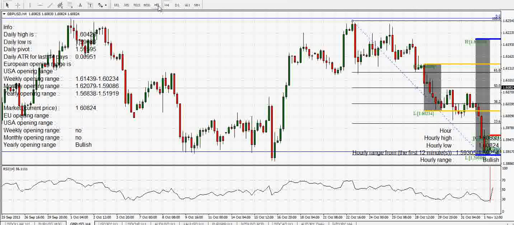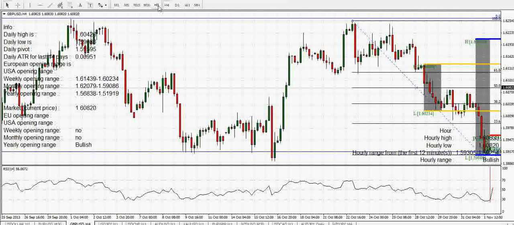Of course, I use the Monday open. For example, I do the same thing for Monday: I look for the lowest low and highest high on Monday. Right now the lowest low is 1.6023 and the highest high is 1.6143.